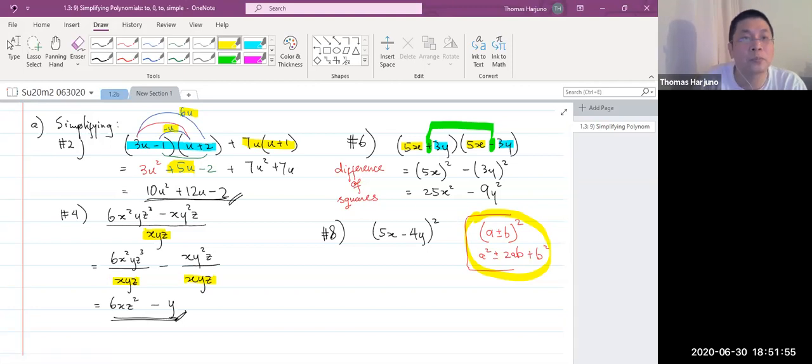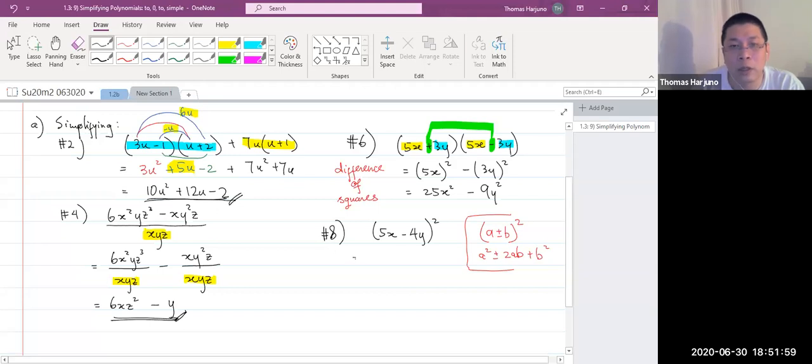So in this case, let me slow down a little bit, I will rewrite it as (5x) squared minus 2 times first term times second term plus the second term squared, which will be 25x squared minus 40xy plus 16y squared.